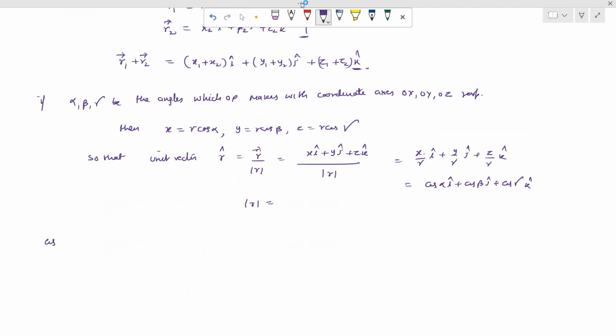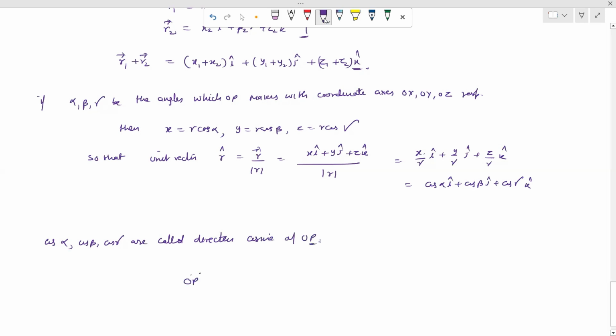And cos alpha, cos beta, cos gamma are called the direction cosines of OP.